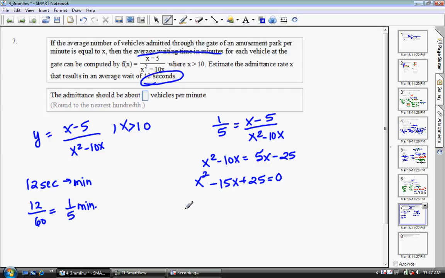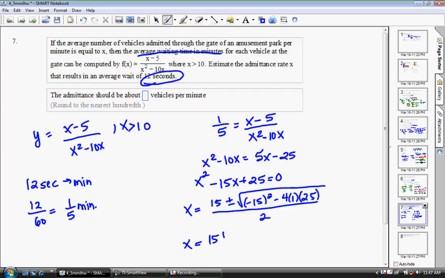So if we plug into the quadratic formula, we would have x is equal to the opposite of b, so that would be the opposite of negative 15, or just 15, plus or minus the square root of b squared minus 4 times a times c, all over 2 times a, or just 2.